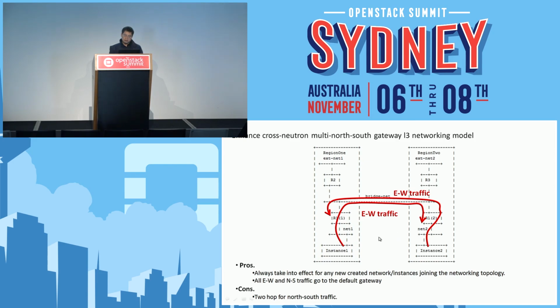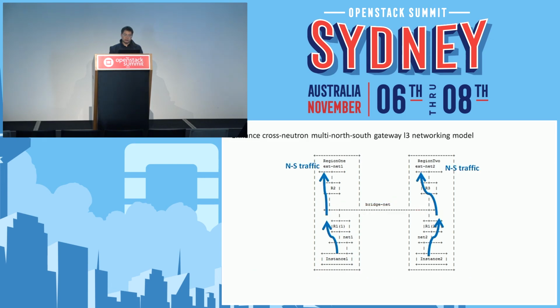The instance traffic goes from net 1 to R1 and the line to R2, and net 2 to instance 2. The east-west traffic will go through the bridge network. But for north-south traffic, it will go through the bridge network first and the line to the north-south local router.